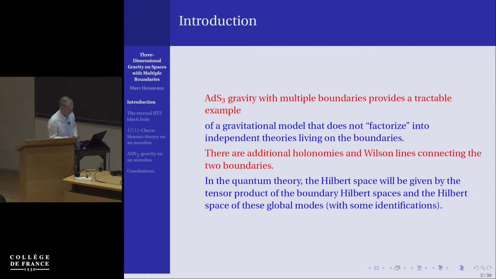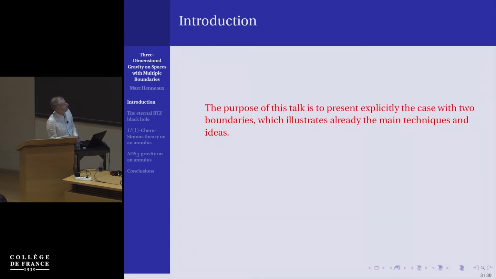Well, I will explain. Okay, so that is related to something we heard last week, and as I said, I want to be rather explicit in this talk, and I will consider the case with two boundaries, although in principle we could consider situations with more boundaries, but the ideas are just the same.